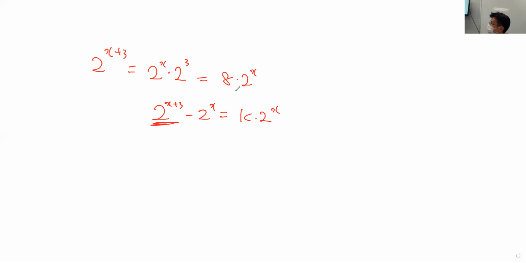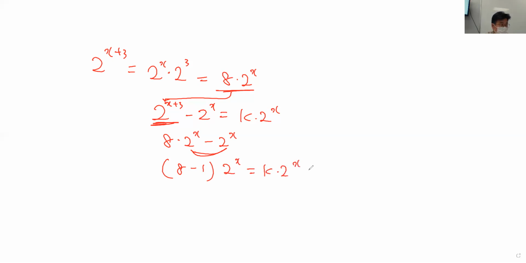So this one is basically what we're plugging in. So 8 times 2 to the x minus 2 to the x. Then we can factor this 2 to the x out. So 8 minus 1 times 2 to the x power is k times 2 to the x, like this. So this is factoring. Then just plug in.